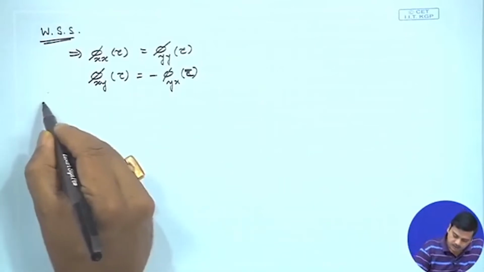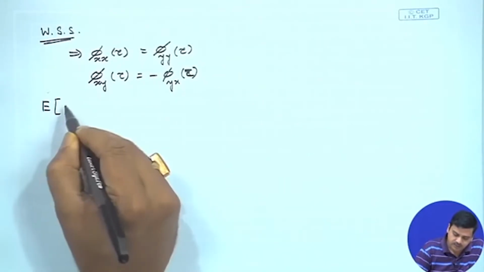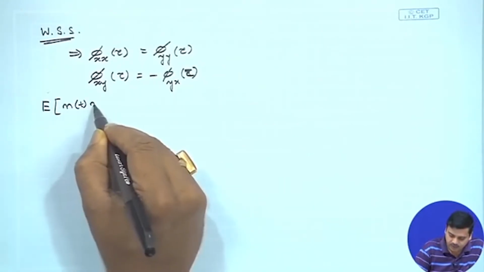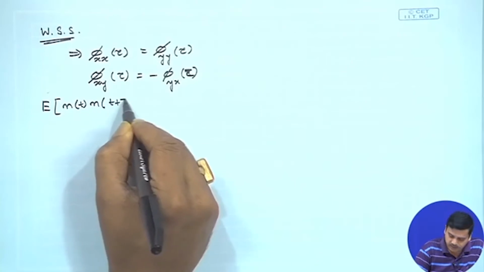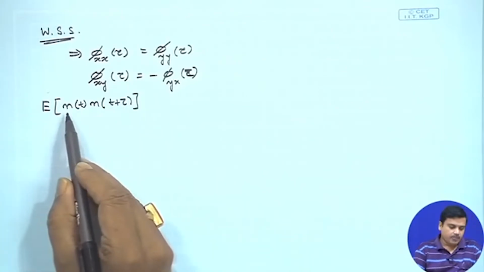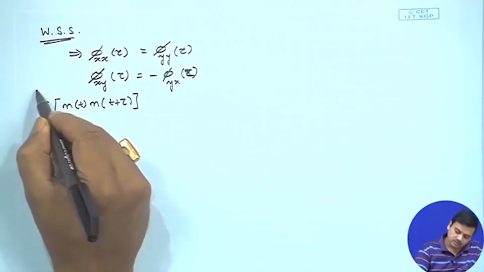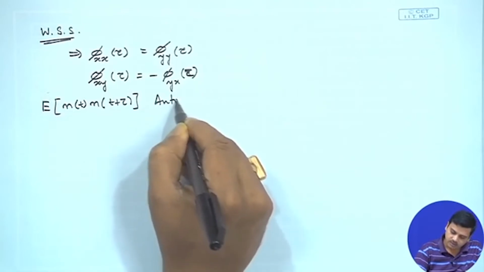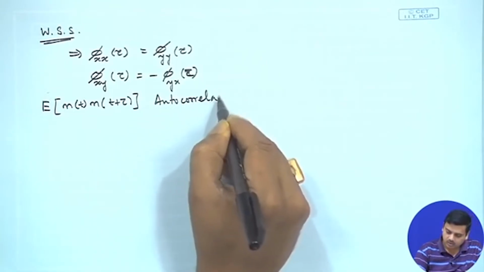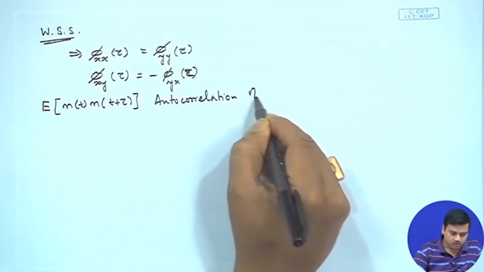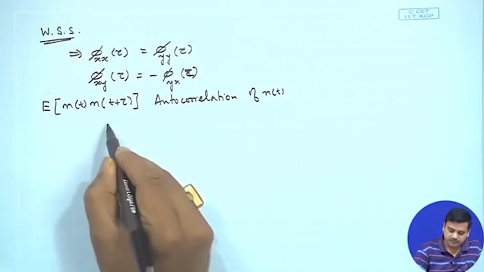So, we will start off with the expectation of n(t) with n(t plus tau). That means we are taking the autocorrelation of n(t).